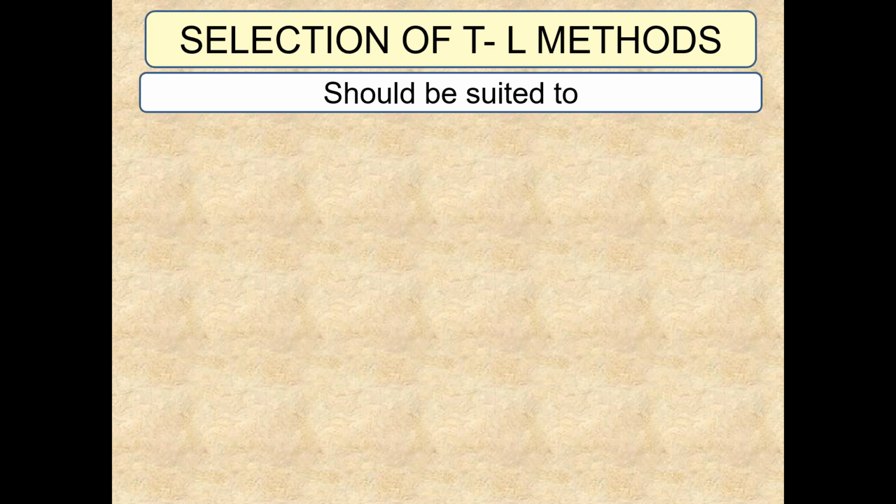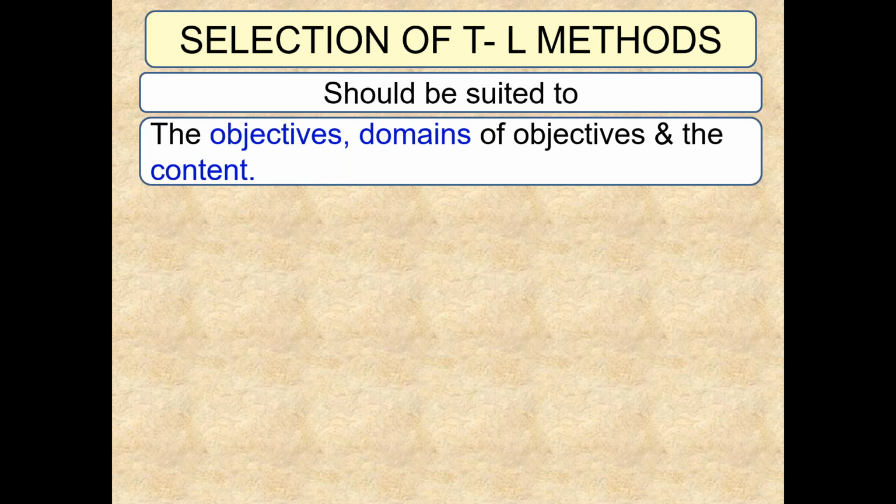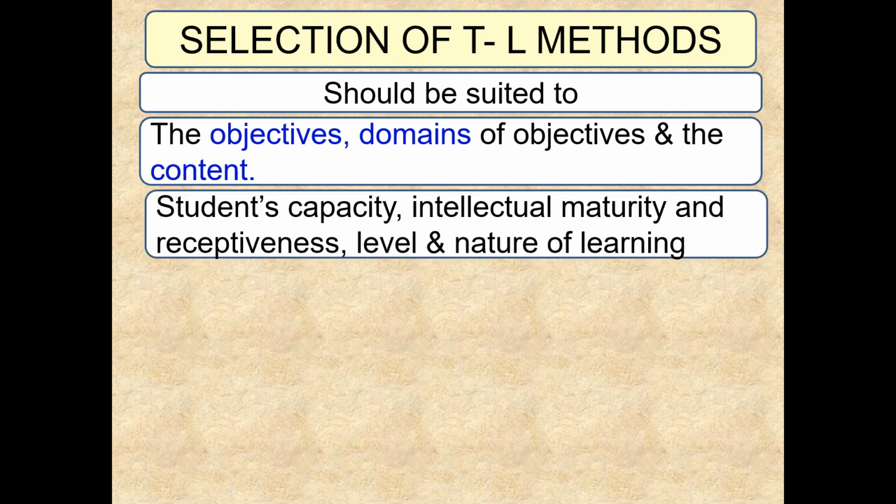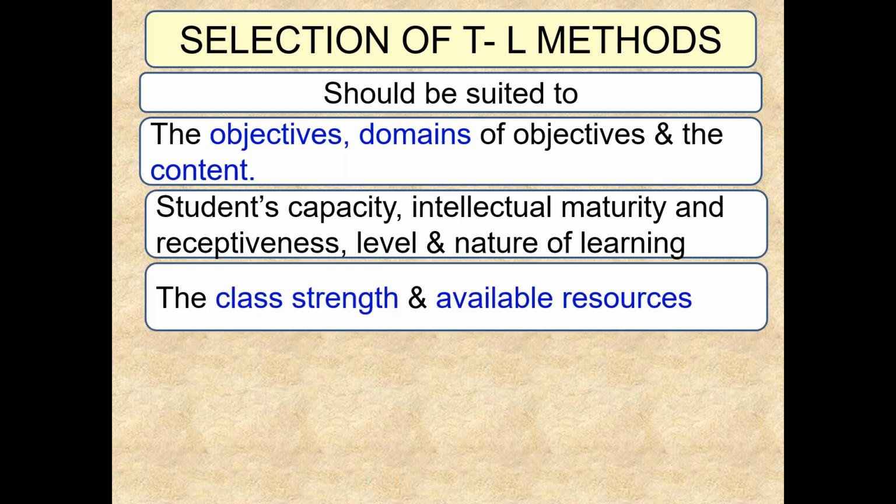So coming to the selection of teaching learning methods, let's see what are the factors or criteria which can be considered while choosing them. First of all, we have to consider the objectives, the domains of the objectives, and the content. Of course, we have to consider the capacity, intellectual maturity, receptiveness, level, and nature of learning of the student.